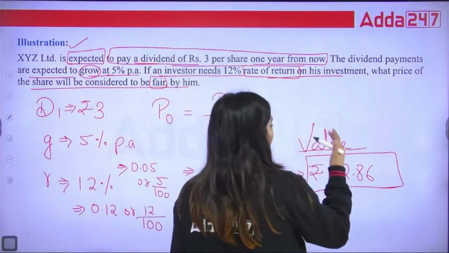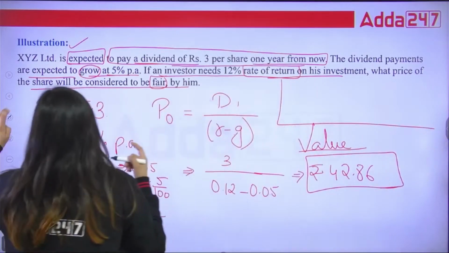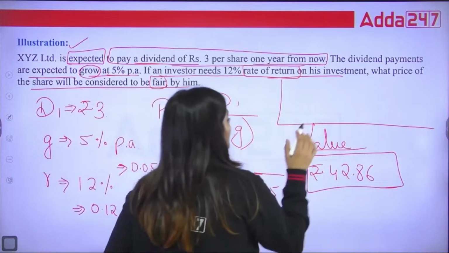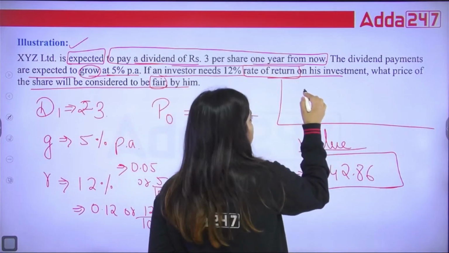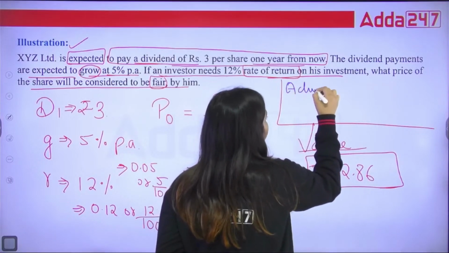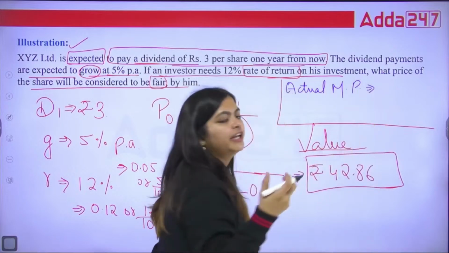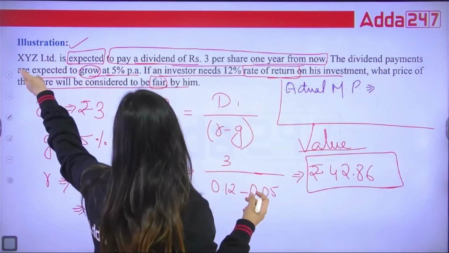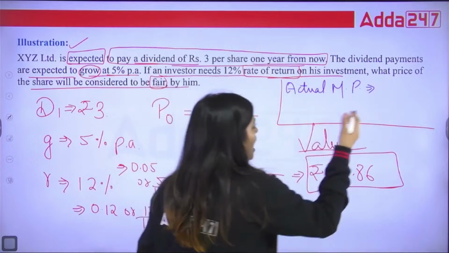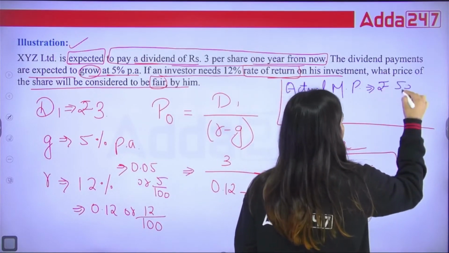So based on this, now a question for you all. Now you are going to tell me, if the actual current market price of XYZ company, they are selling this particular investment for, suppose, 50.